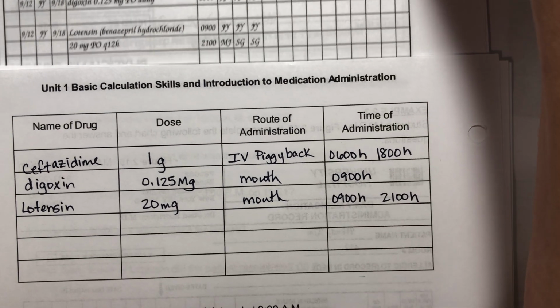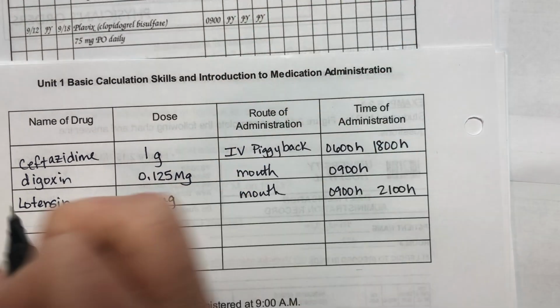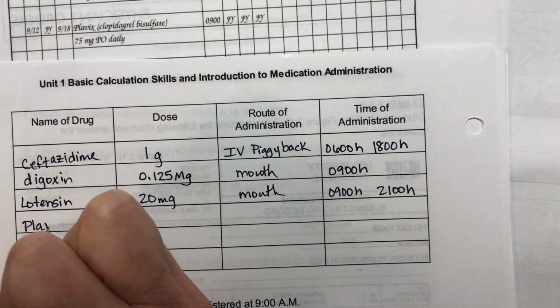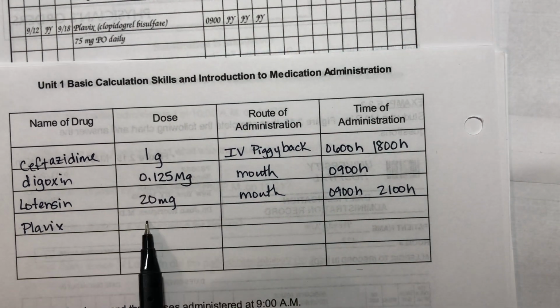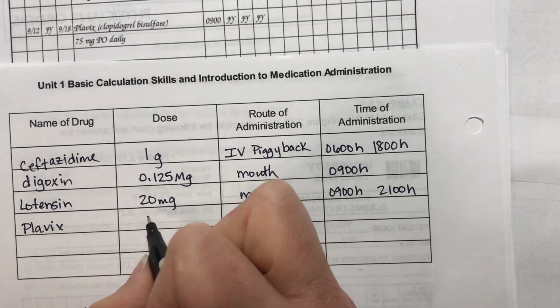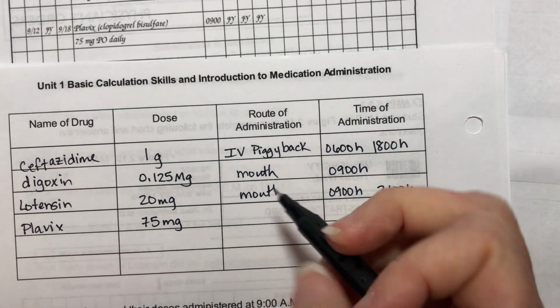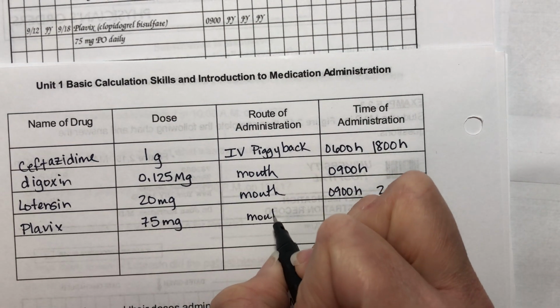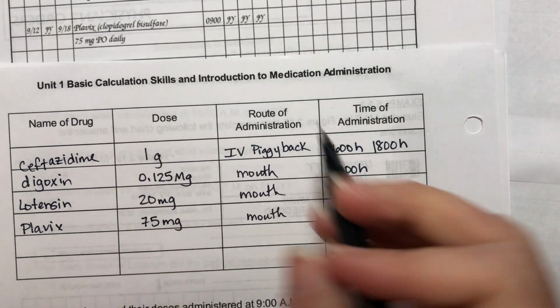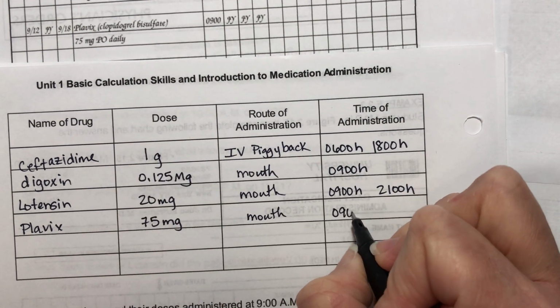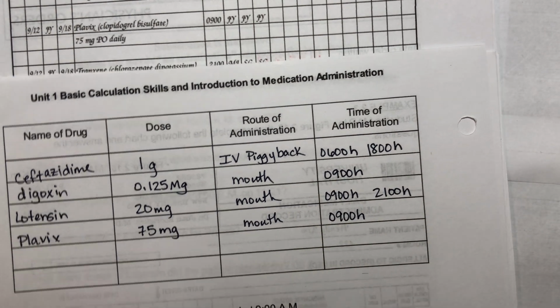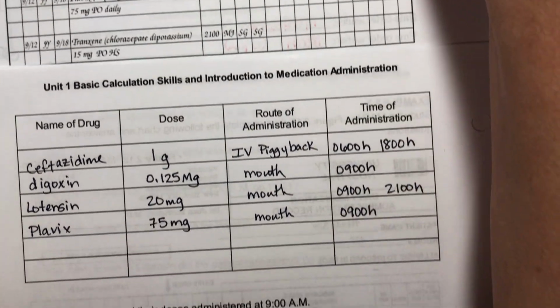The next, Plavix. The dosage is 75 milligrams, PO, so by mouth. And it is supposed to be given at 0900 hours. And then there's just one more drug.